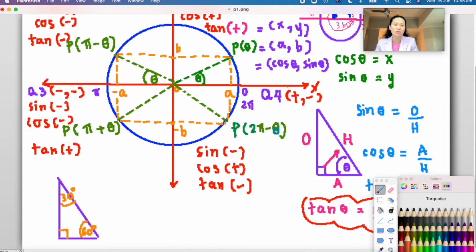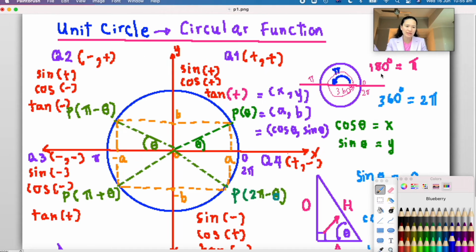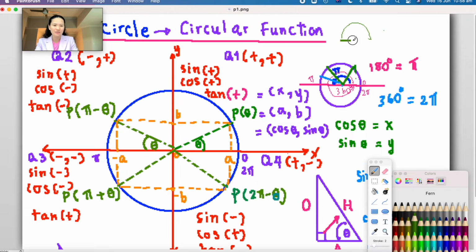I told you already that one circle is 360. So look from here as well, it's 60 degrees. If you want to change it into the form of pi, from here you know that pi is equal to 180. So I will go super quick. We have all of this one. Half of them we know that is pi.